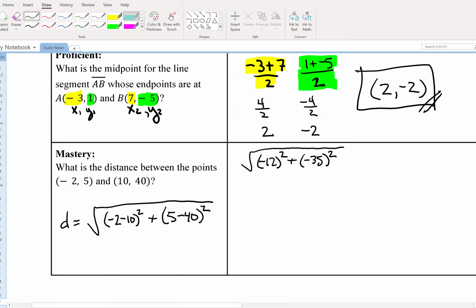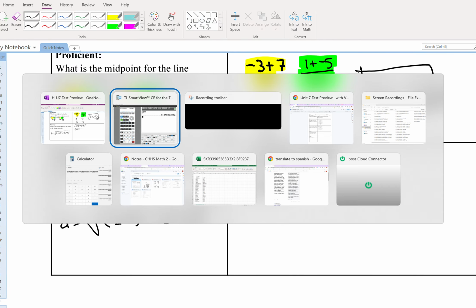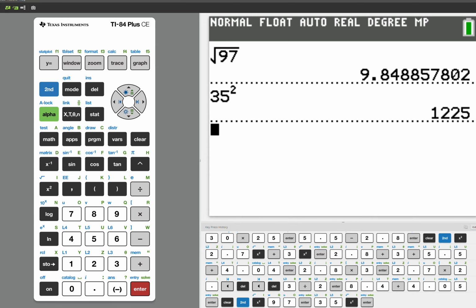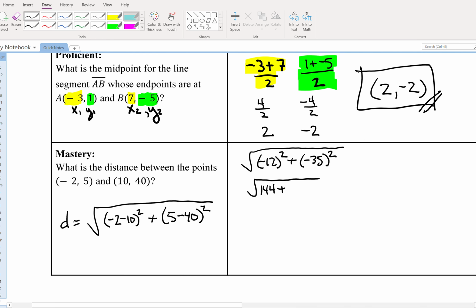And negative 12 squared I know is 144. But 35 squared I don't have memorized, so let's plug that in. 35 squared, so that's 1225. Notice that it's negative 35, but a negative 35 times a negative 35 is positive, so it eliminates the negative.